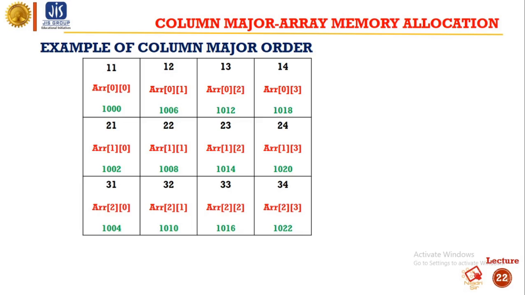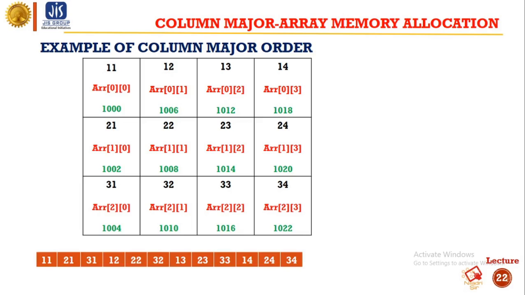As you can see, the addresses are incremented by 2 column wise, that is 1000, 1002, 1004, 1006, 1008, 1010, 1012, 14, 16, 18, 20, 22. So this is how it will work.